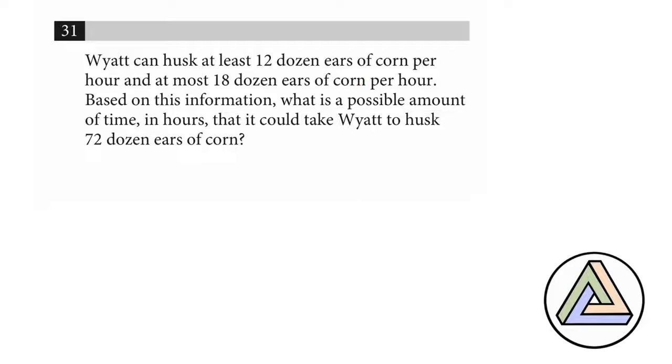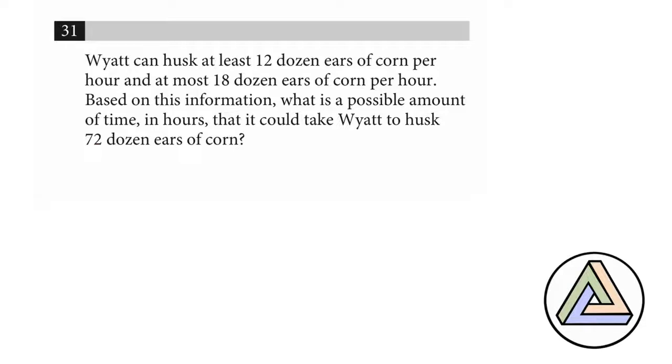So since 12 could be included, and since 18 could be included, you really have a choice. You could divide 72 by 12, you could divide 72 by 18, because we want to know, if he does this amount per hour, how long will it take for him to do 72?